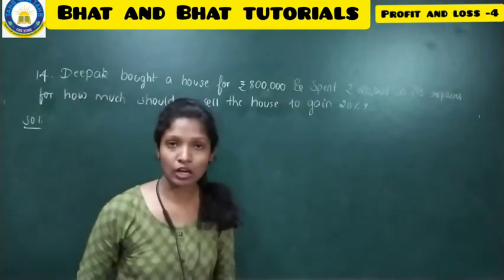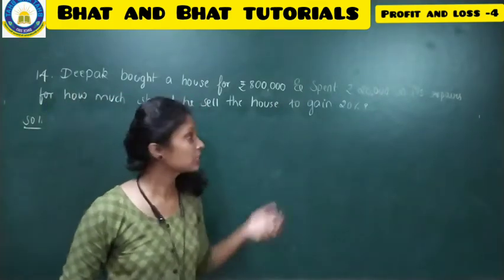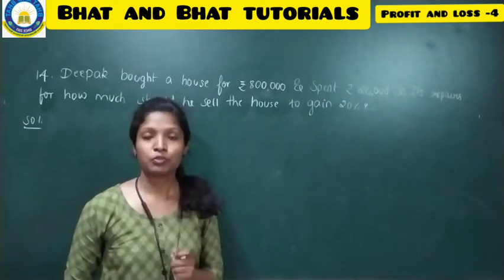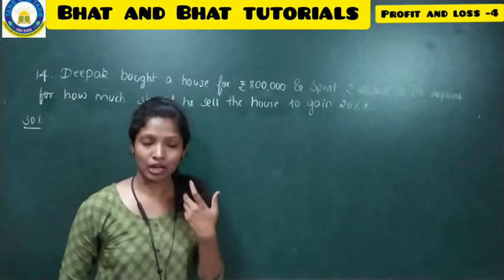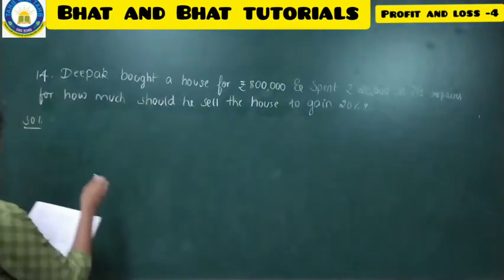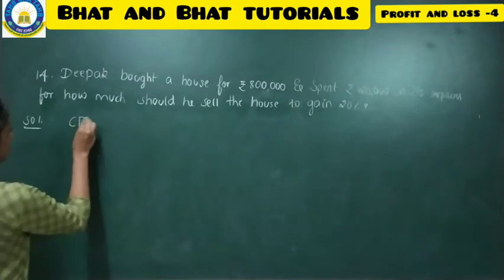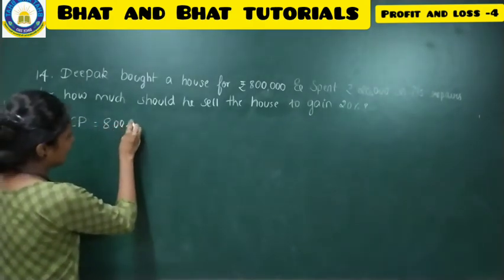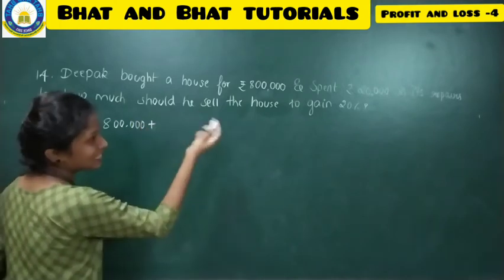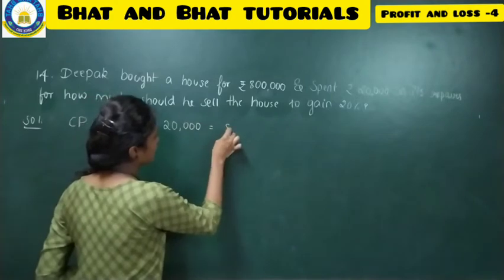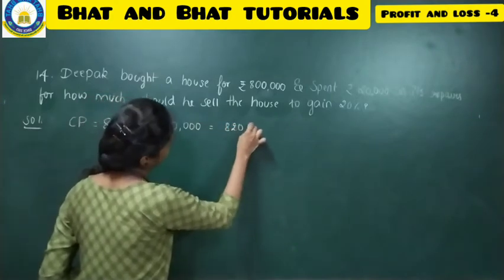For that, let me take down the CP first. That is 8 lakh, the cost price of the house, plus 20,000 spent on repair. So the total price is 8 lakh 20 thousand.